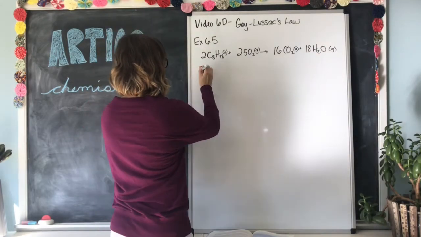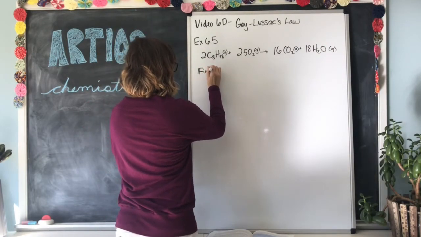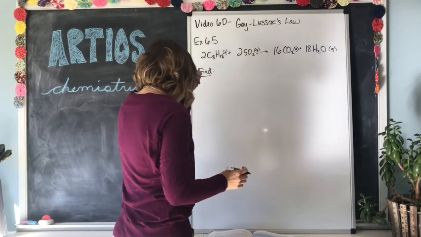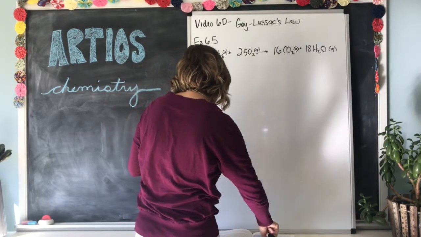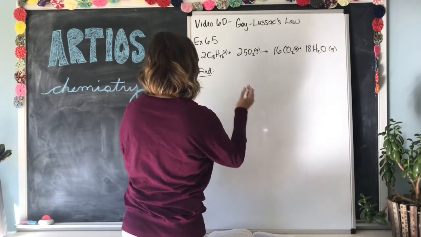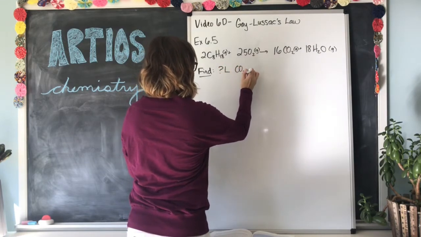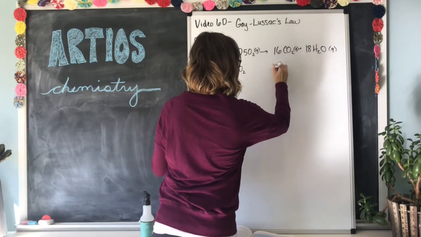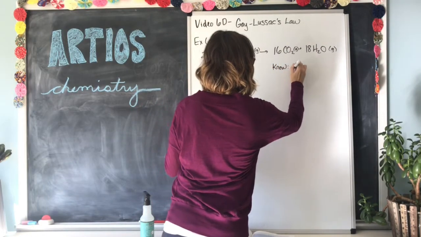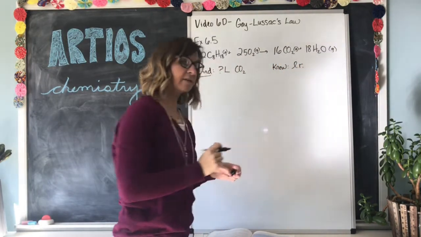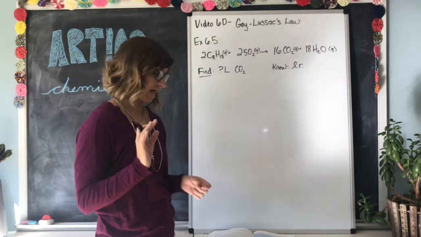So let's write down what we're looking to find. The problem says to find liters of carbon dioxide. How many liters of CO2? What do we know? What's the limiting reactant? The limiting reactant is the one that's not in excess.